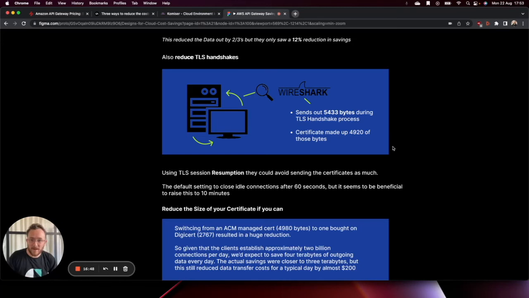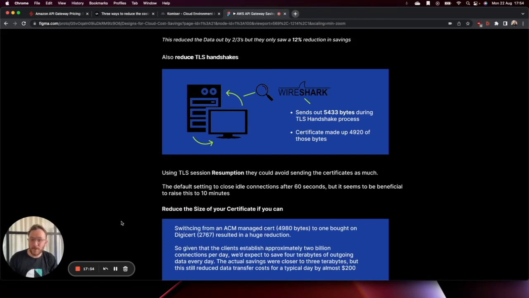And the only lever that they found to be able to change the TLS session resumption was to increase the default setting for idle connections from 60 seconds to 10 minutes. They saw an increase in the utilization of the TLS session resumption by changing this default setting.